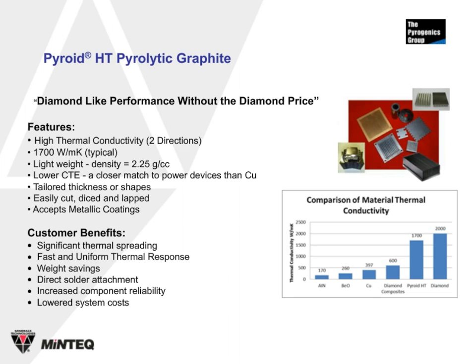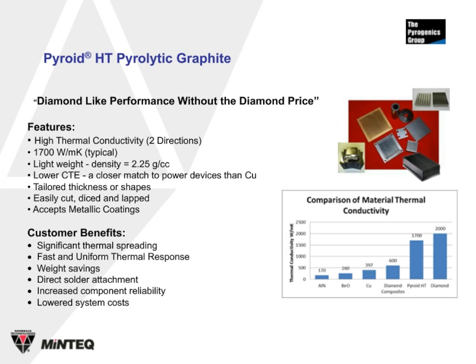One important feature that we'll talk about next is that it also can be metallized, and that, of course, is key when you want to attach it to an electronic device. What the customer sees is significant thermal management spreading, a very fast and uniform thermal response, the weight savings of a lower density material, the ability to directly solder an attachment, increased component reliability, and lowered system costs.